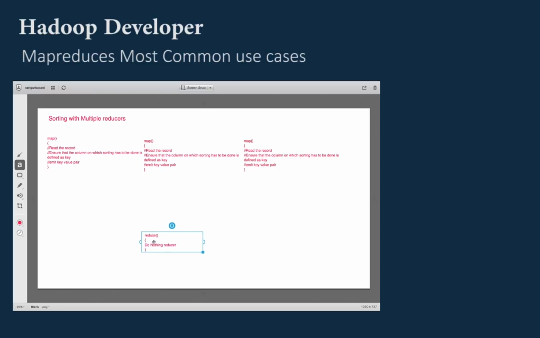If it was a single reducer, the problem was not there, but right now we have 2 reducers, and by default we have something called the hash code partitioner. So let's look at this with the same data.